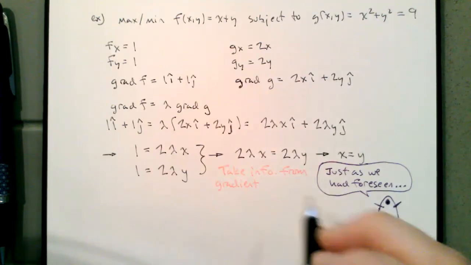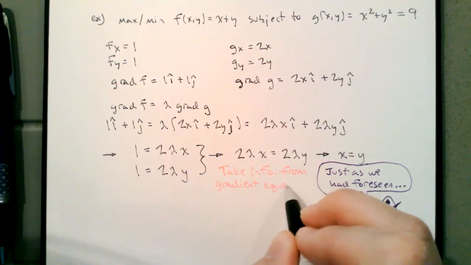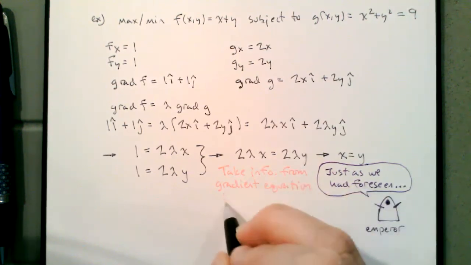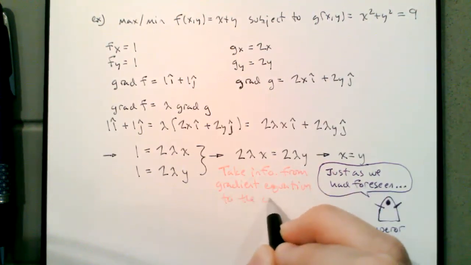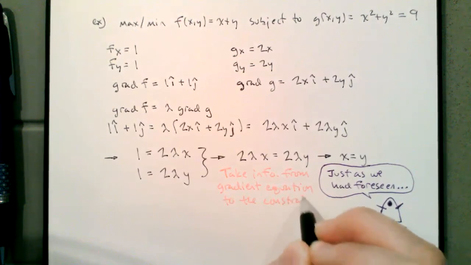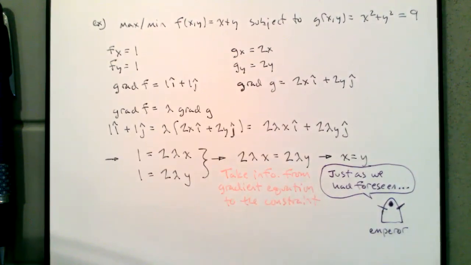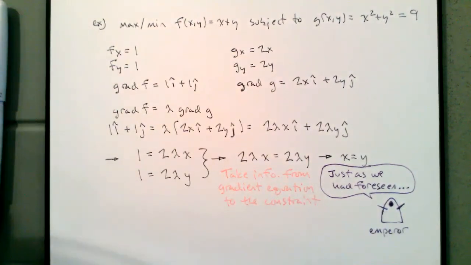Take the info from the gradient equation to the constraints. We haven't used the fact that g of x is supposed to be equal to 9, so we can clearly tell that we are not done with the problem. If you're given a piece of information in a problem and you haven't used it, you should stop and think there's something missing.